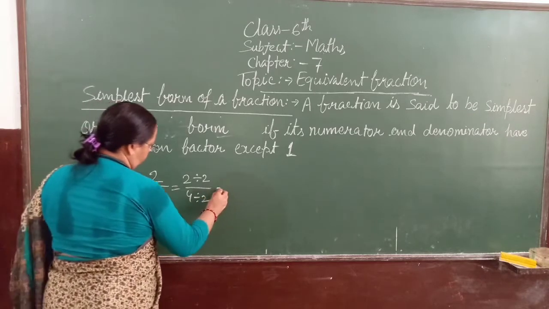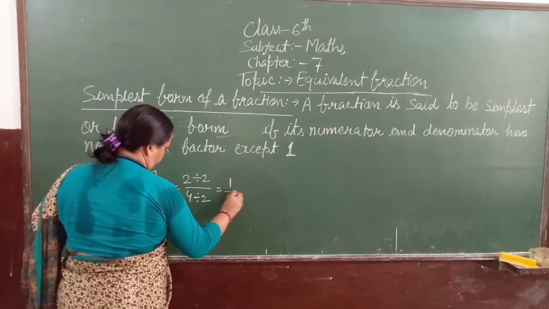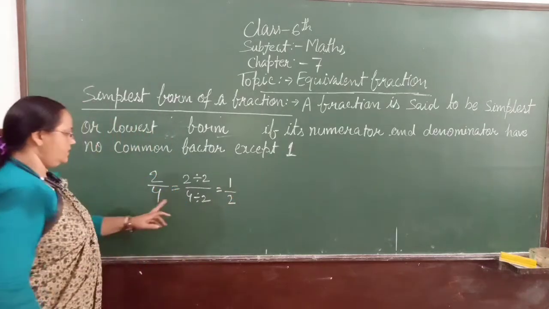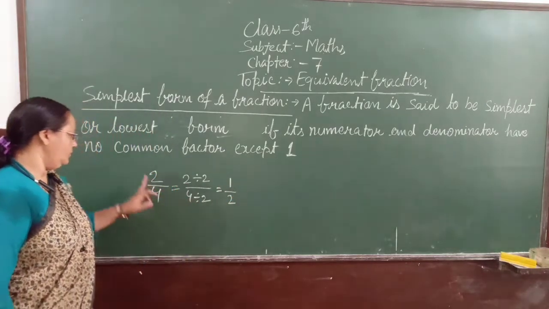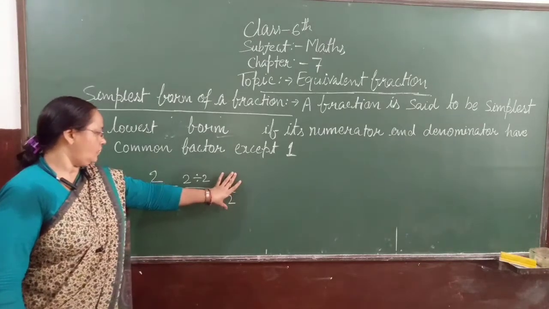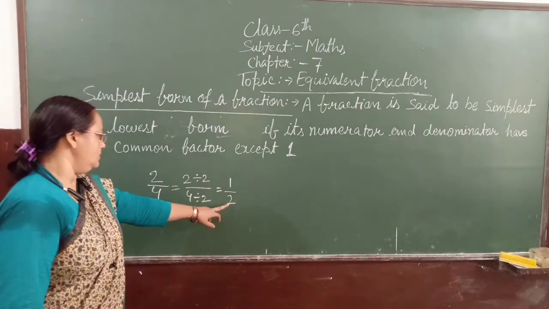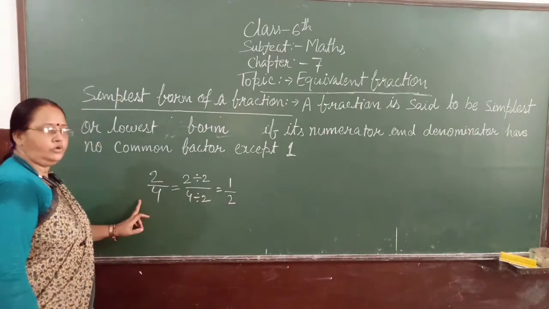So we get 1 upon 2. This is the simplest form of 2 upon 4. Here common factor of 1 and 2 is 1 only. So this is the simplest form of 2 upon 4.